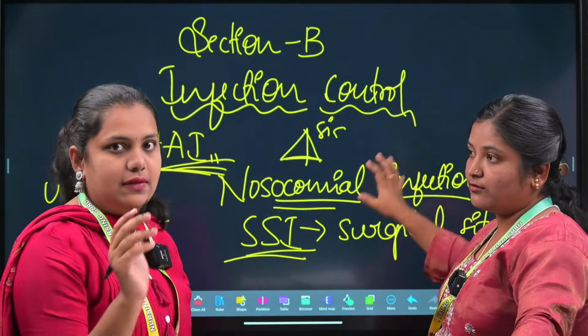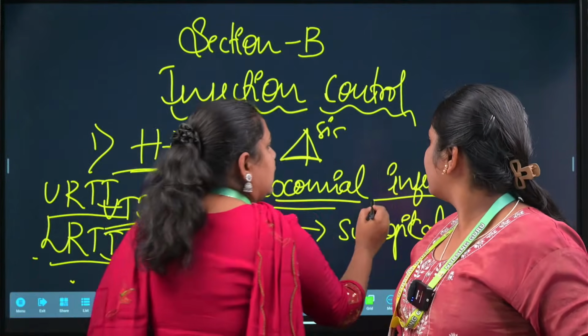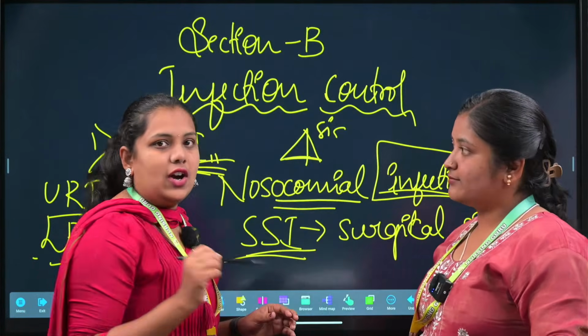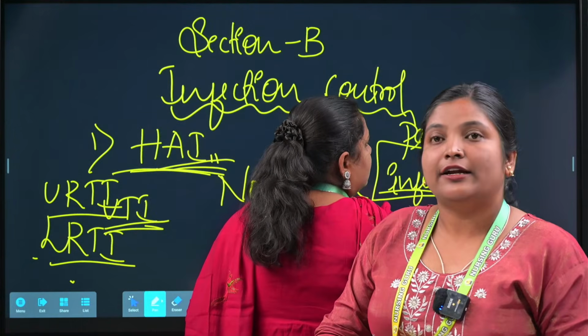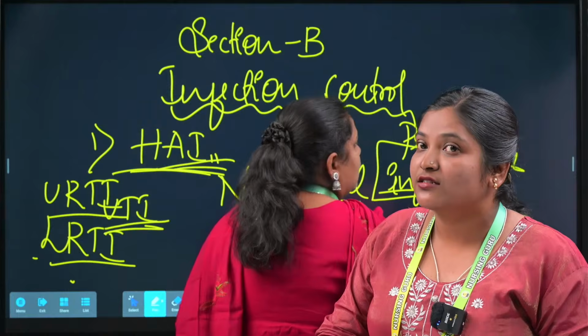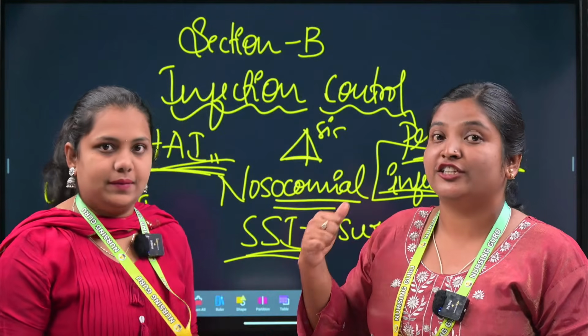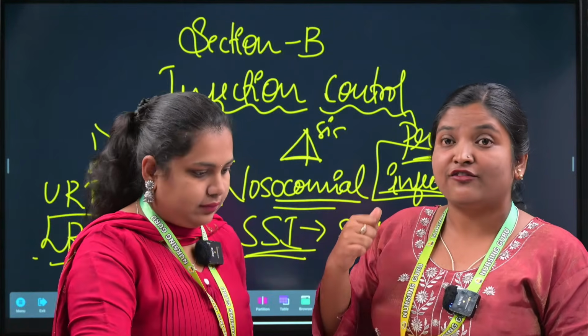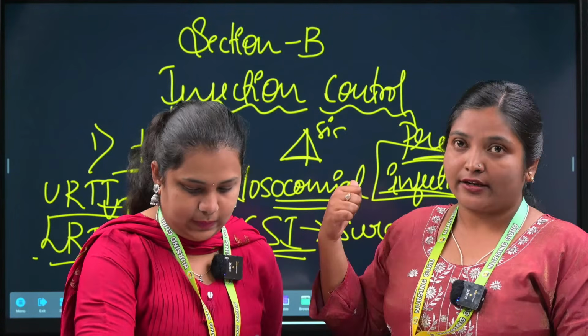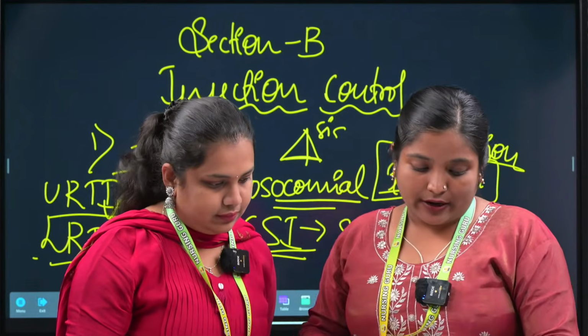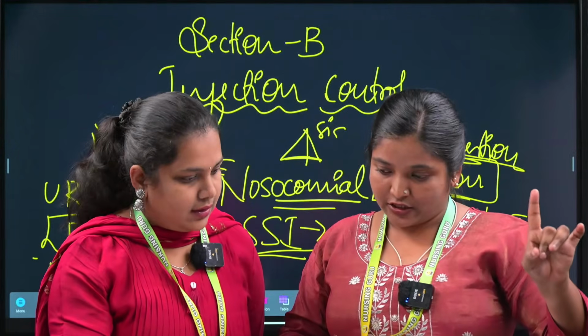That is very important, because it is an infection. Prevention and preventive measures, you have to list them down for any infection question. If they are asking about any infectious disease condition, you have to write the preventive measures.